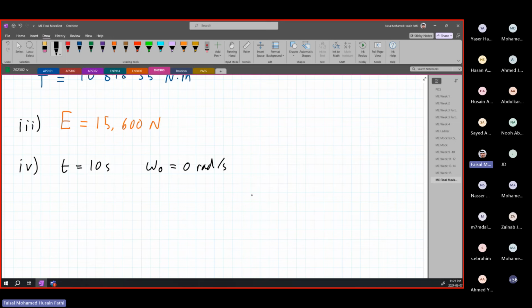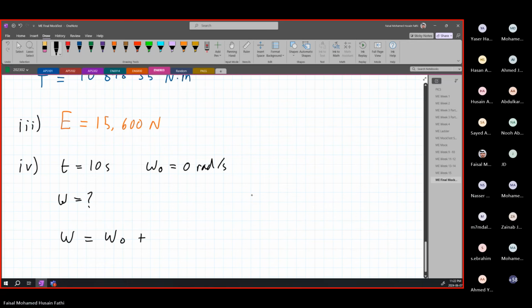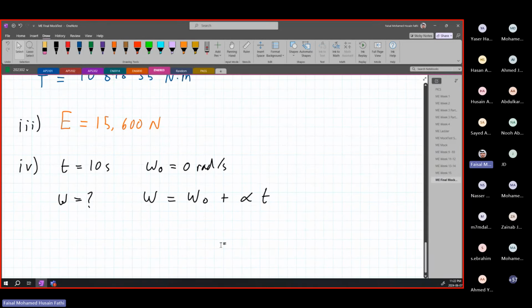What do we need to find? We need to find our omega, our final angular velocity. The equation is similar to the linear equation, which is omega is equal to omega 0 plus alpha t. I believe this is also given to you guys in your formula sheet. So you just plug in your values. Omega is equal to omega 0 is 0 plus alpha.